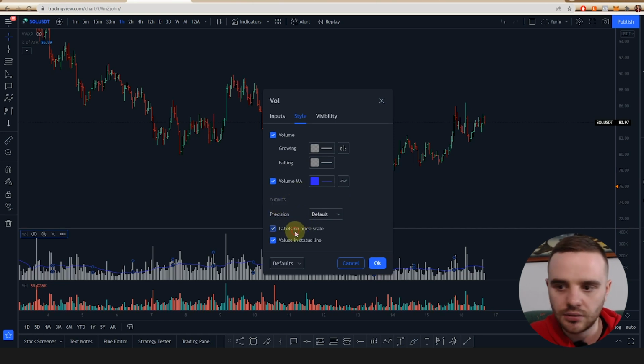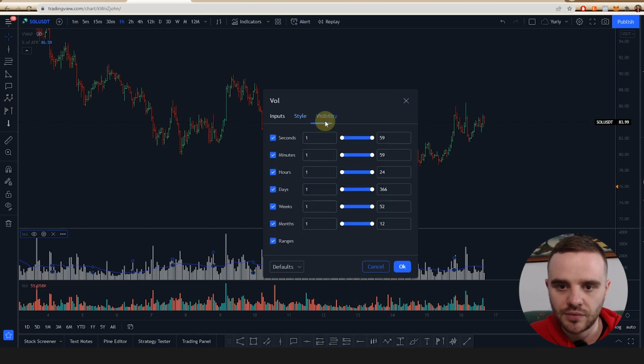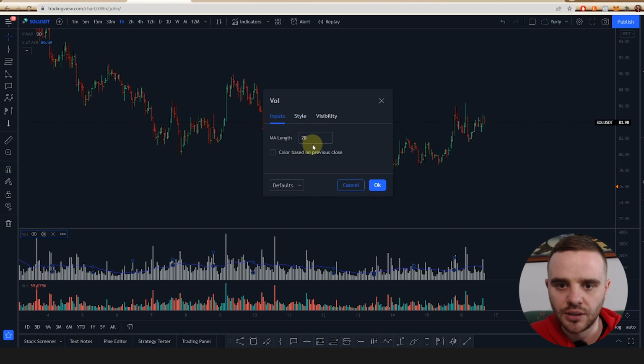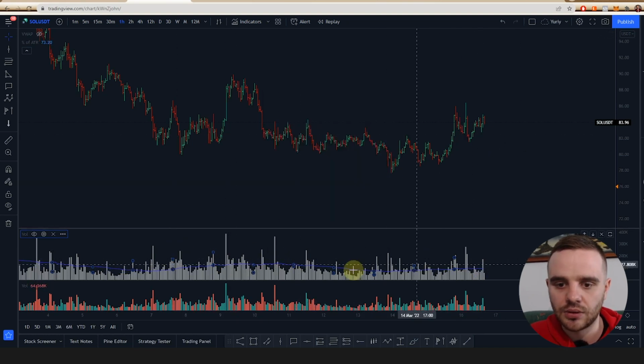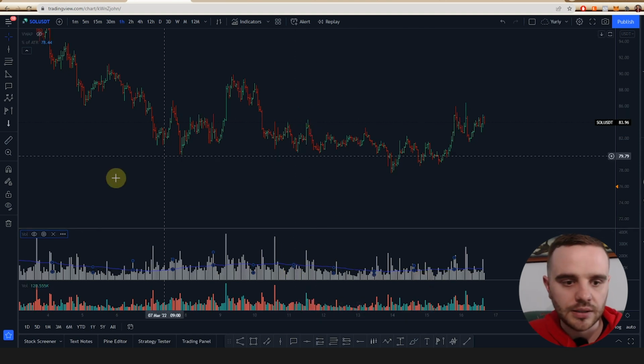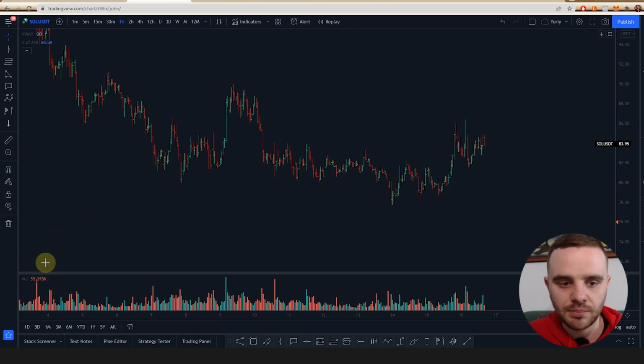Label on a price scale, value status in a price. Visibility is the same. There always will be a moving average. It is how many days it counts. For example, let's count 50 days, and that's it. Now you see that volume is different. Okay, we delete it simply by this one.